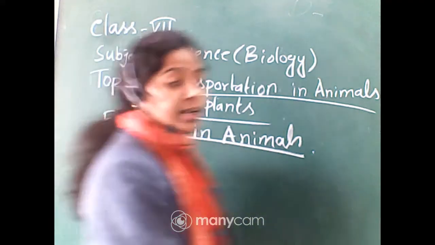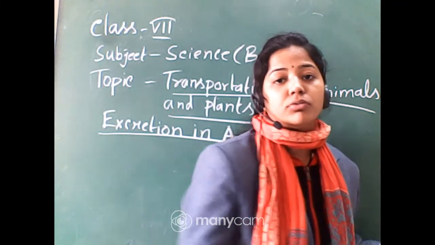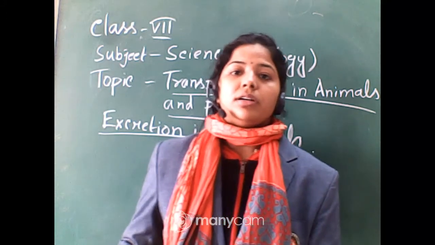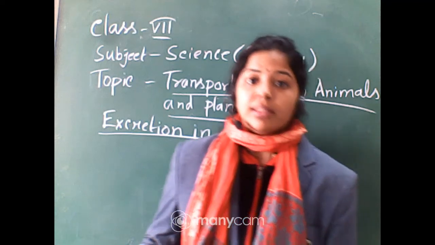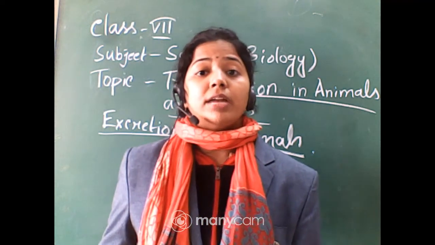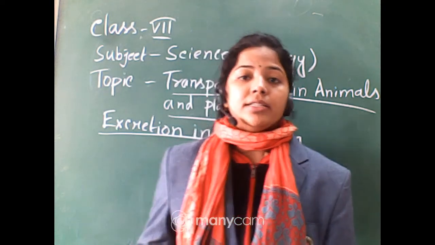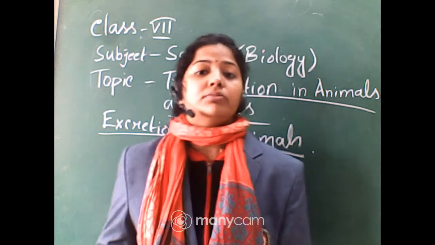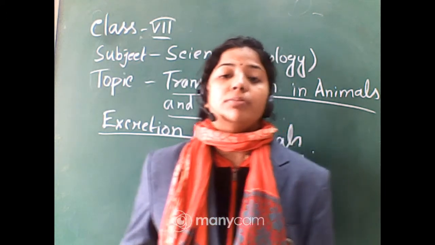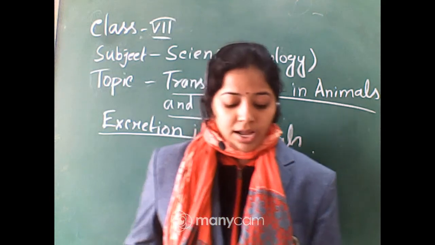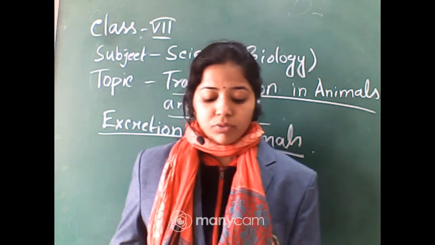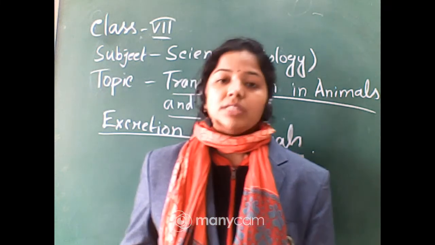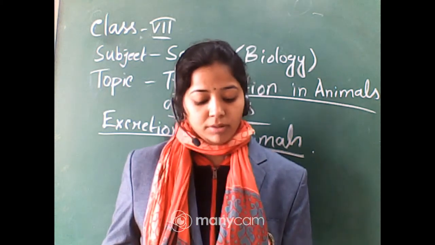There you learned that carbon dioxide is removed from our body, waste products are removed through the process of exhalation. Then from Nutrition in Animals you learned that undigested materials are removed from our body through the process of egestion. Now let us find out how the other waste materials are removed from the body.